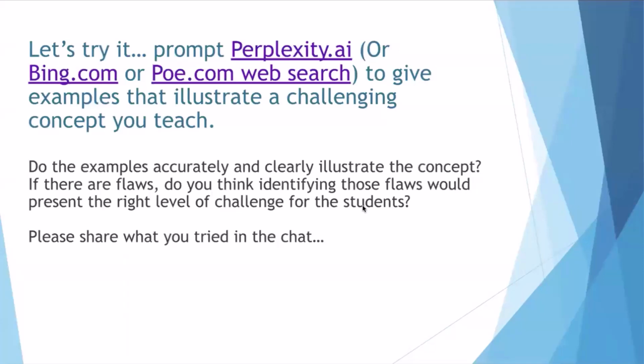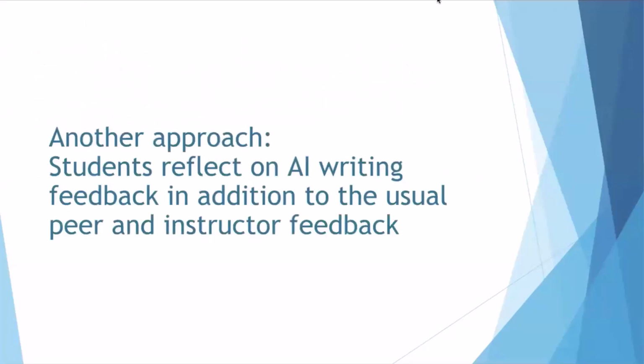Ask it for an example of a concept that you teach. And then see, does it get it basically right? And I know we're short on time, but I really wanted to have people actually get to do something yourselves. So while you're doing that, I will demonstrate it as well.